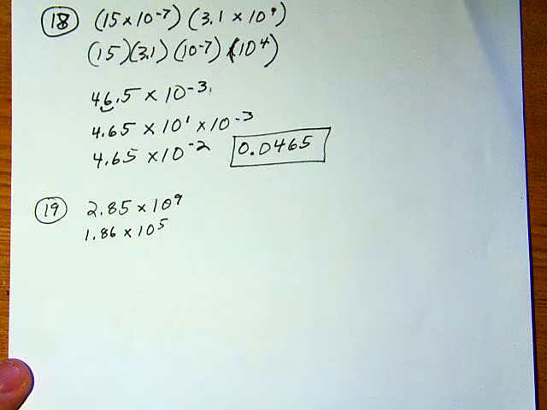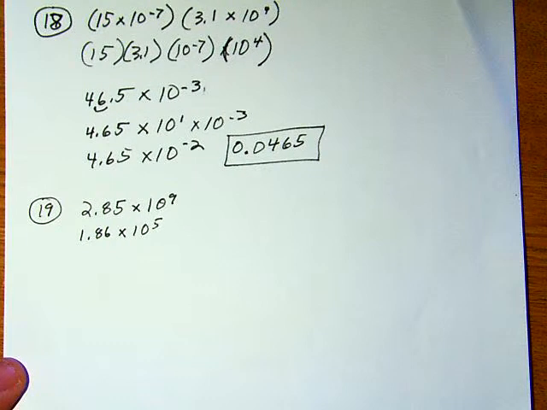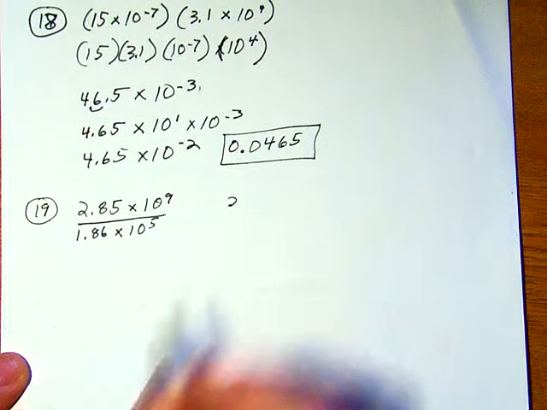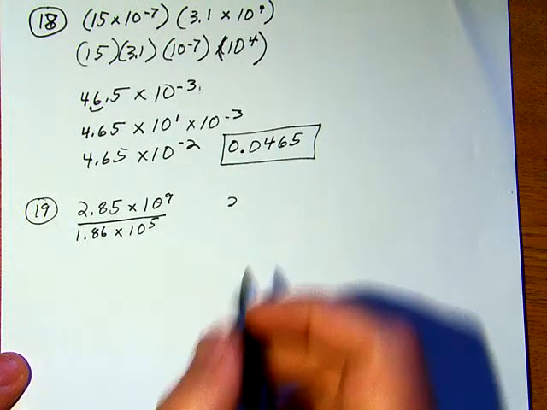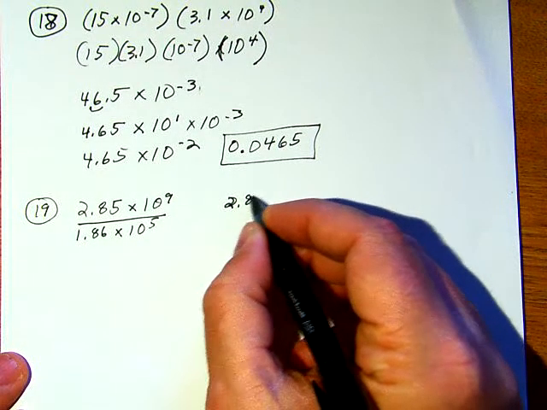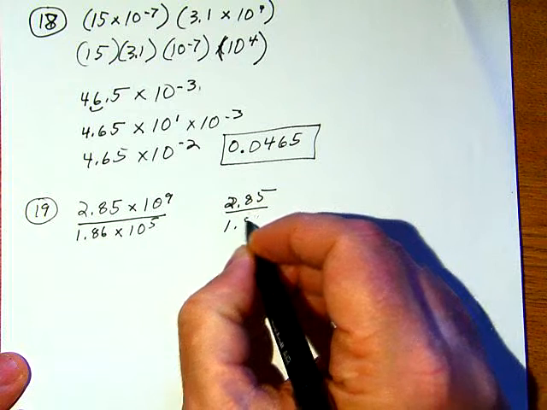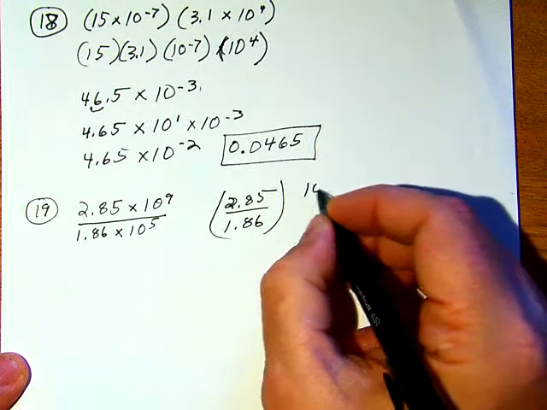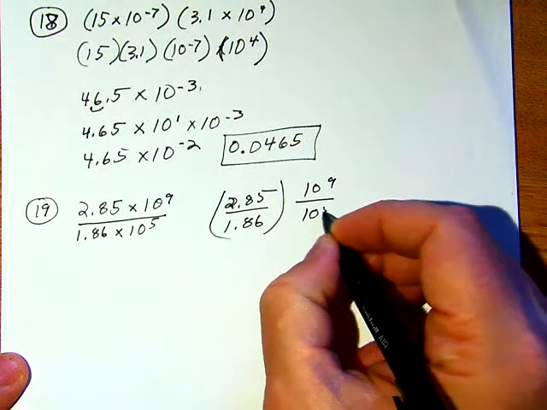Okay, so basically what we have to do is divide. So I'm going to go 2.85 divided by 1.86 and 10 to the 9th divided by 10 to the 5th.